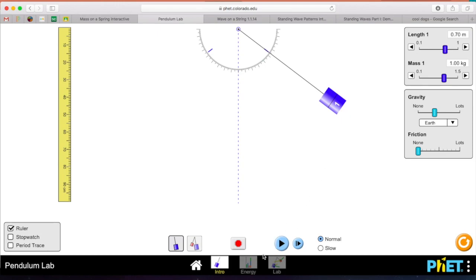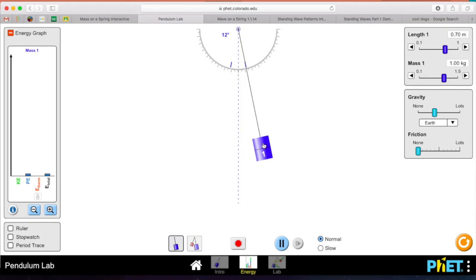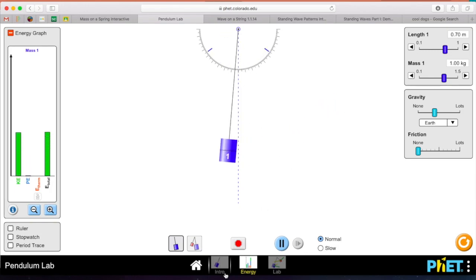And as soon as I let it go, it's going to be swinging, moving, and so it's going to have some amounts of kinetic energy. That energy is oscillating back and forth between potential and kinetic as the pendulum swings up and down, back and forth, as the pendulum itself oscillates. So this does kind of fit our definition of a wave.